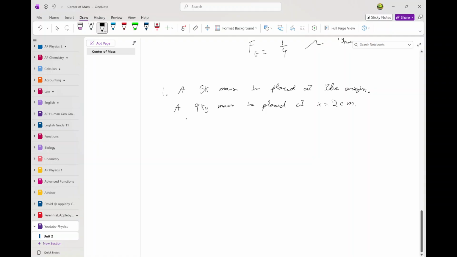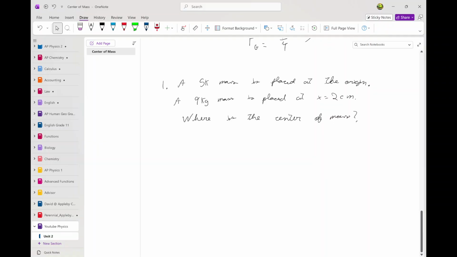Where is the center of mass? In this case, we're asking for the location relative to the origin.